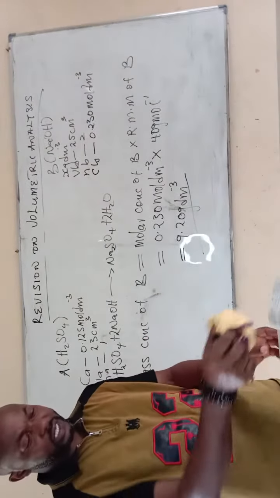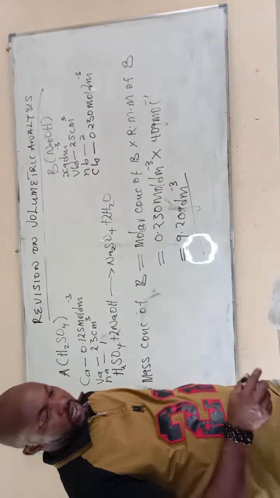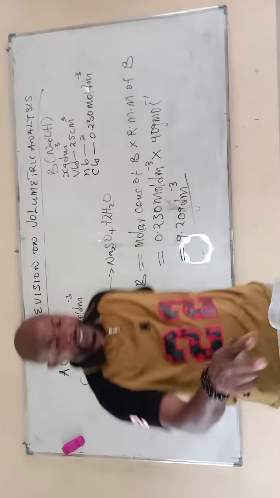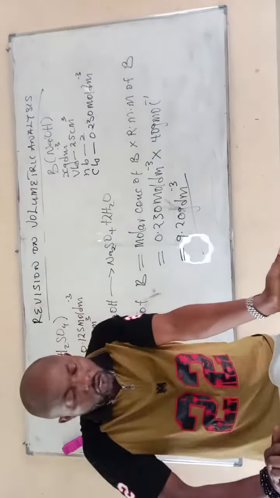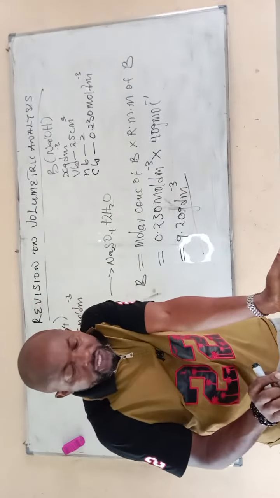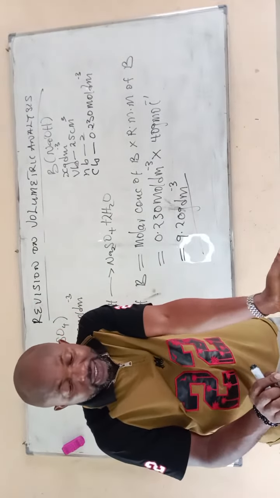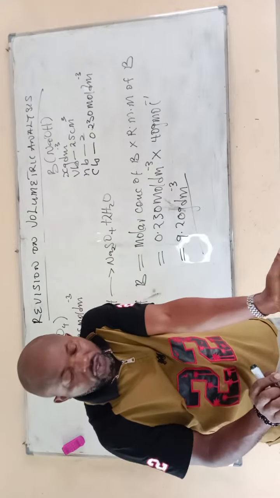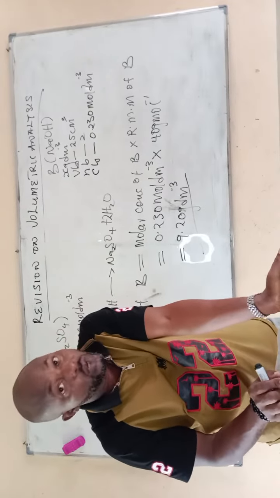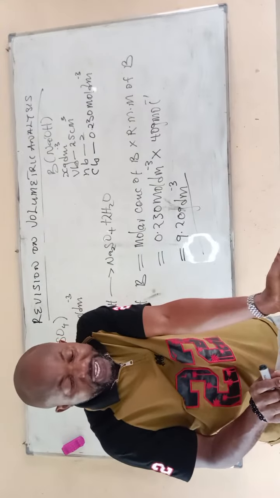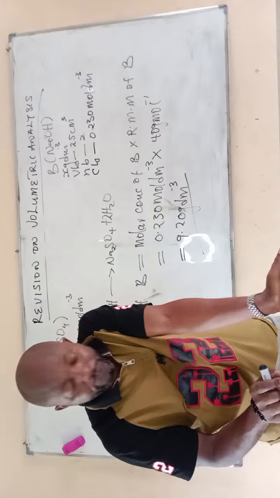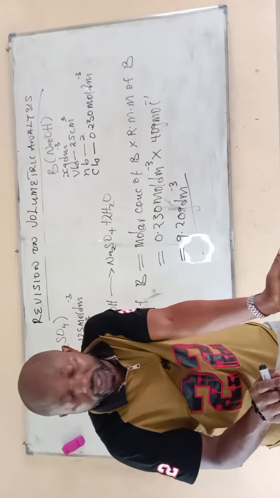Okay, let's proceed. Now, our third question says, A is a solution containing 3.7 g/dm³ of an acid, H2X. So the acid is H2X. We don't know what X is. We're going to find out. B contains 2.15 gram of sodium hydroxide per 250 cm³ of solution.